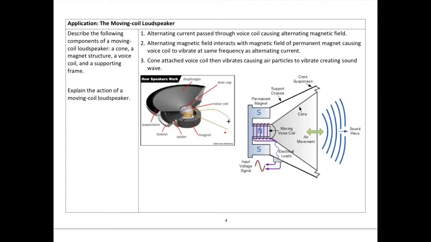So how do these vibrating air particles, this sound wave, get created? Firstly, we can imagine that we have a permanent magnetic field, and that permanent magnetic field is in the direction that the north pole of the magnet will point to.